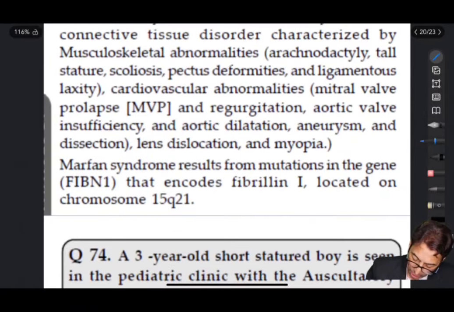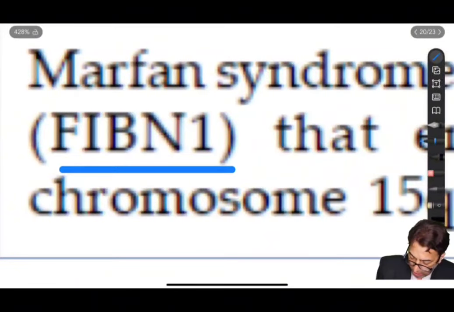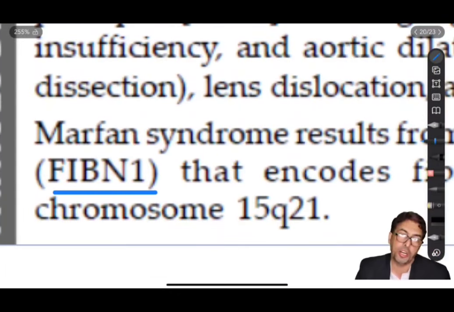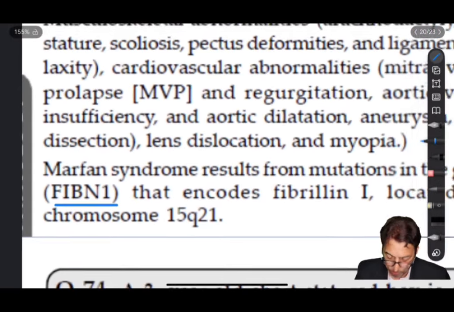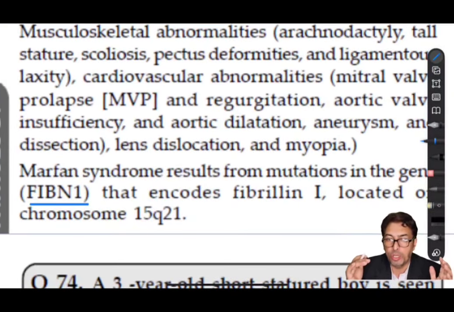Now see, the last, this is the FBN1, the question which was asked in your exams, FMG exams. This is the way you have to, the best examiner is he who, or the best teacher is he who predicts what can be asked, and you have to predict the future.